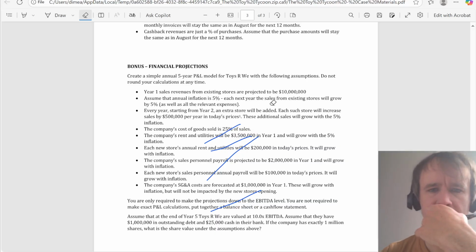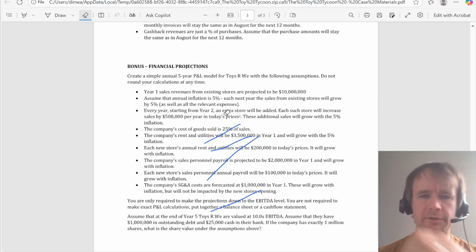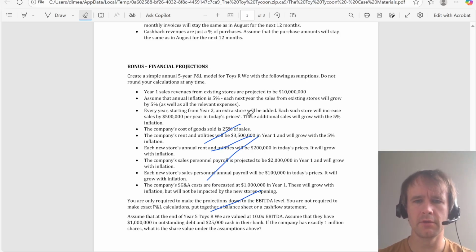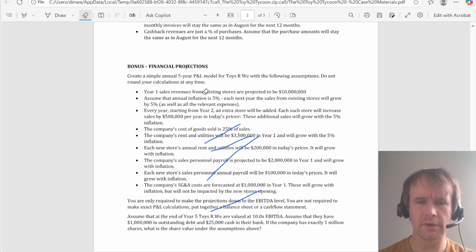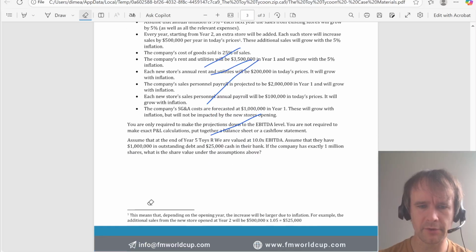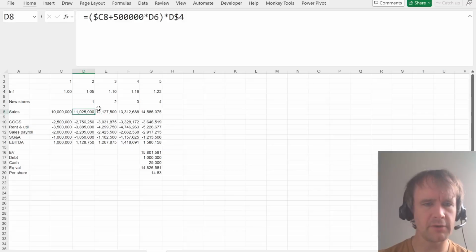Okay. So 10 million from existing stores in year 1. Annual inflation is 5%. And then every year, starting from year 2, an extra store will be added. Each such store will increase sales by 500 in today's prices. Footnote, this means that depending on the opening year, so 525, yes.